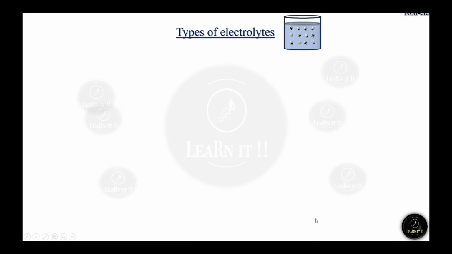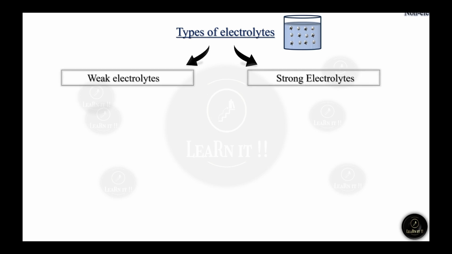Depending upon the number of ions the substance produces, we are going to divide electrolytes into two parts. First one is weak electrolytes. Second one is strong electrolytes. Here, we are not talking about substances taken in a molten state.